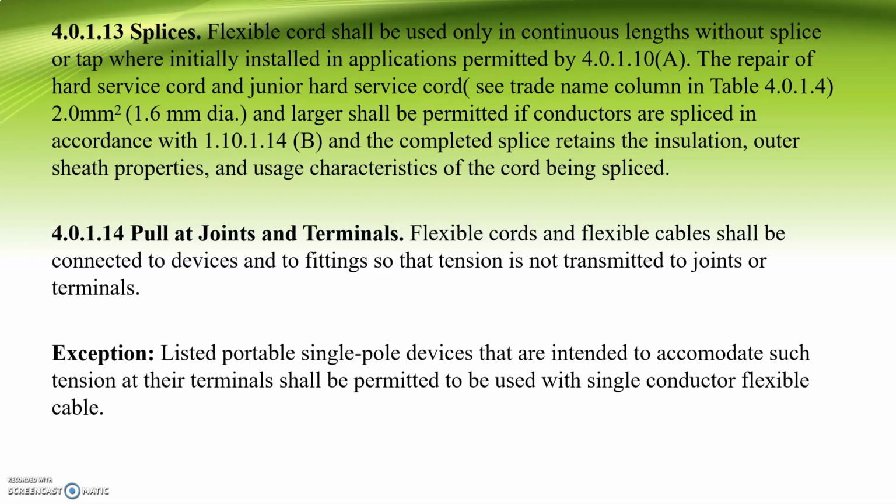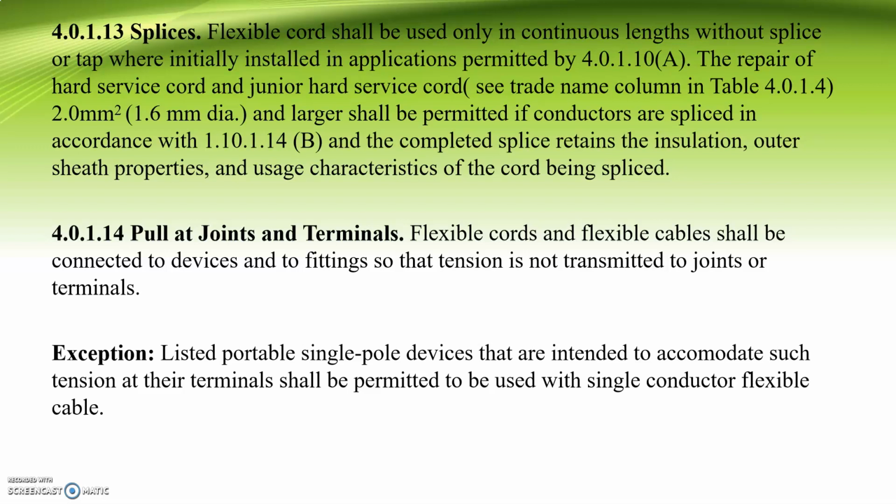The repair of hard service cord and junior hard service cord, see trade name in Table 4.0.1.4, 2.0 mm squared or 1.6 mm diameter and larger shall be permitted if conductors are spliced in accordance with Chapter 1.10.1.14b and the completed splice retains the insulation, outer sheath properties, and usage characteristics of the cord being spliced.